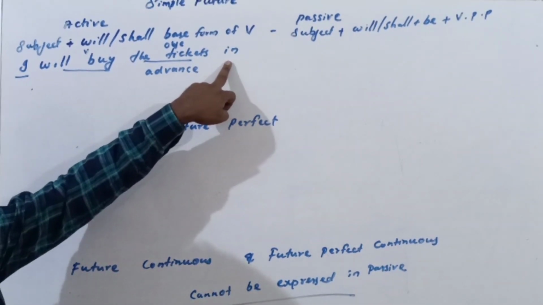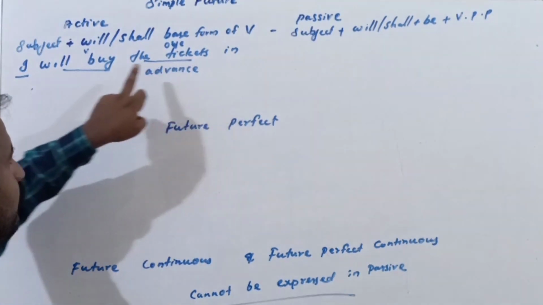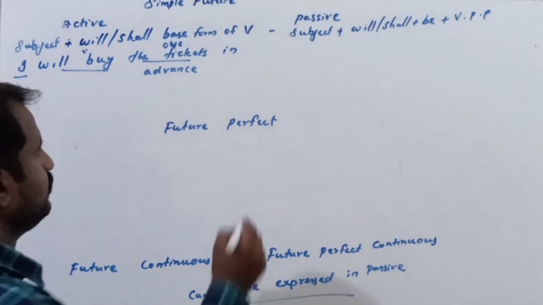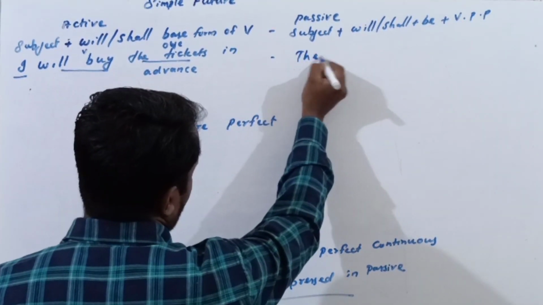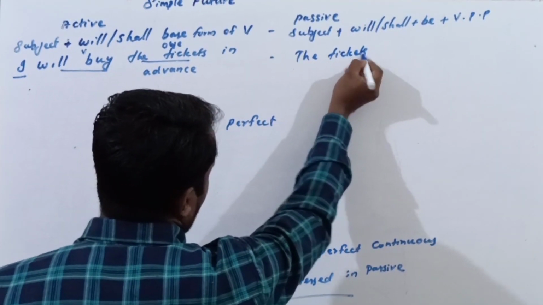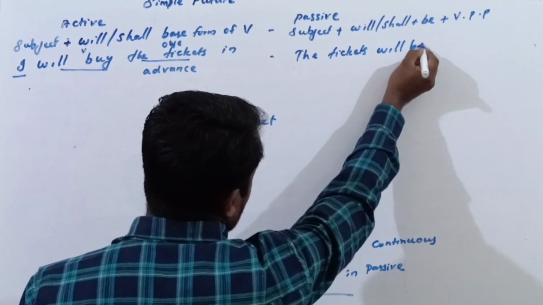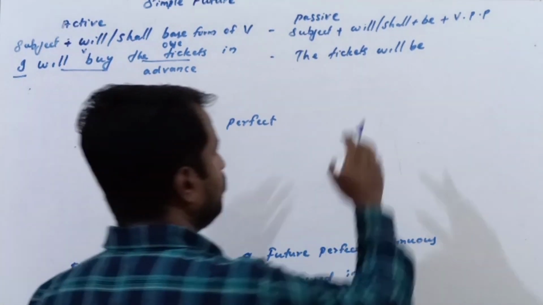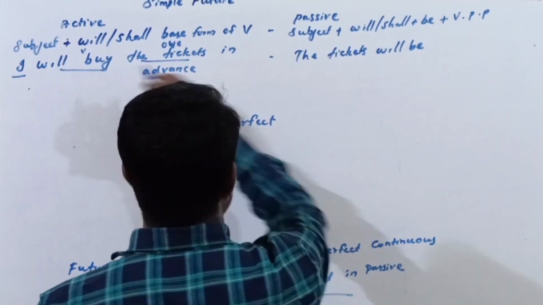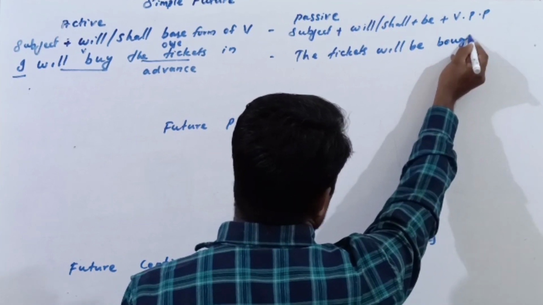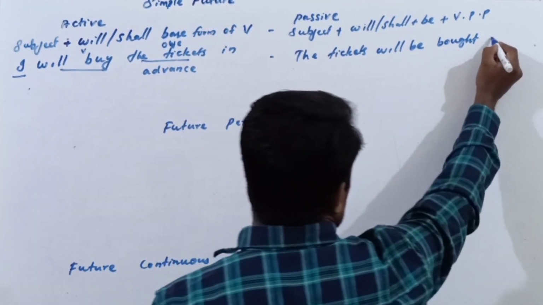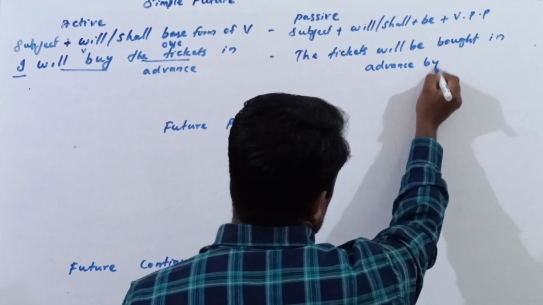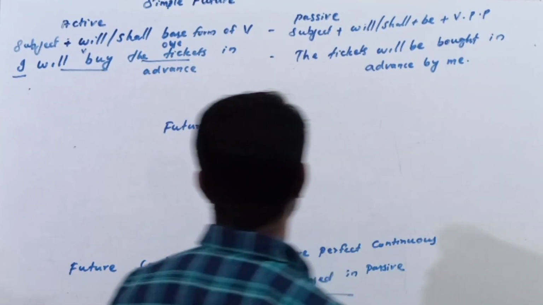So always remember: buy the tickets. The tickets will be bought in advance by me. It is not compulsory to use shall, we can always use will. Again, only one person is doing it.